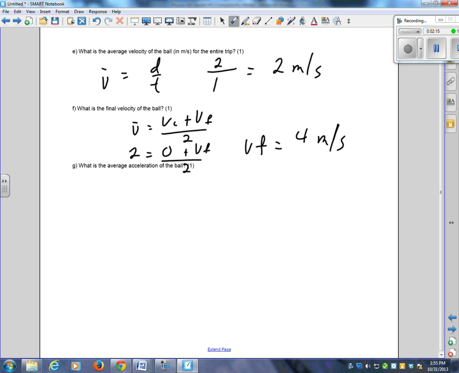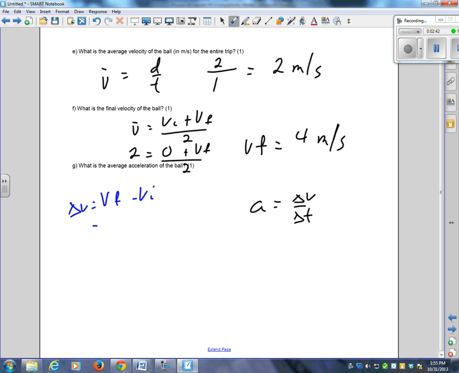What is the average acceleration of the ball? Acceleration is delta V over delta T. Do I have the delta V? Not exactly. What do I have? I have the average and I have the final. But if the initial is 0, what is delta V? Vf minus Vi.